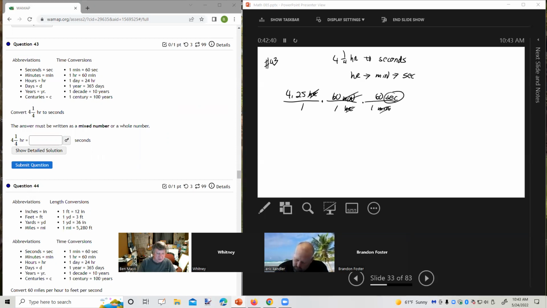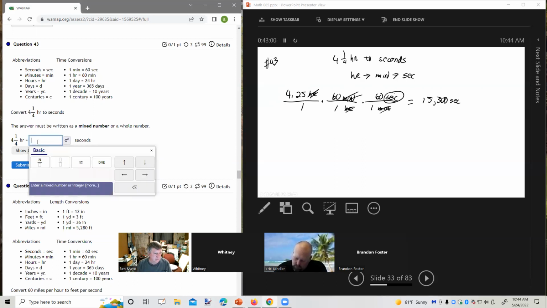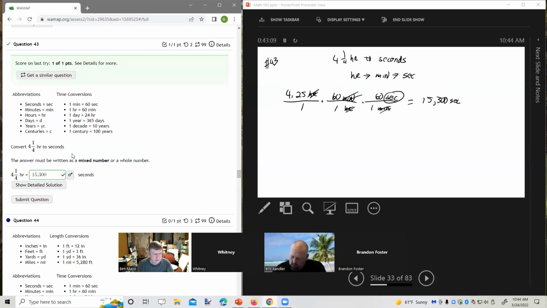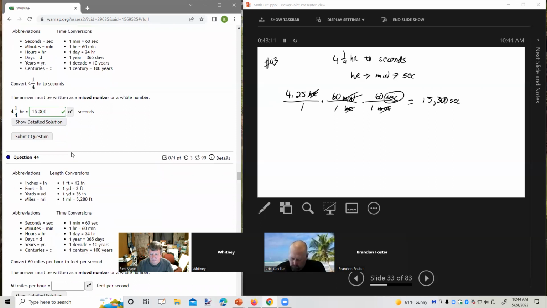Just going to make sure I get through the rest of this section today, but I think we're going to be fine. 4.25 times 60 is 15,300 seconds. 15,300. Okay.